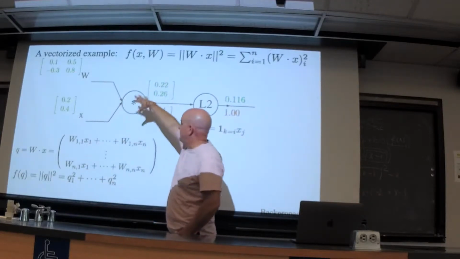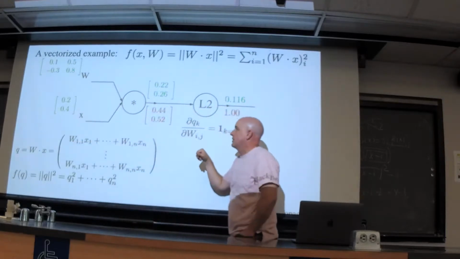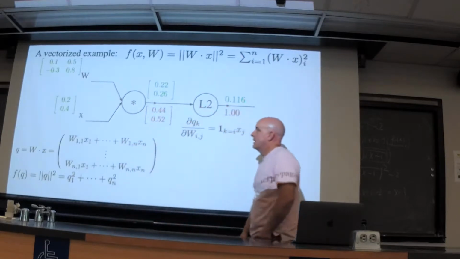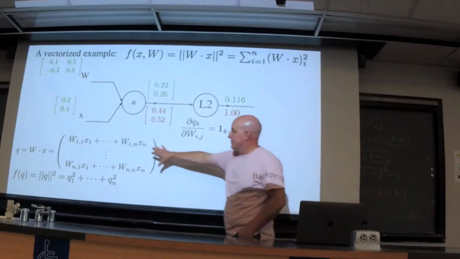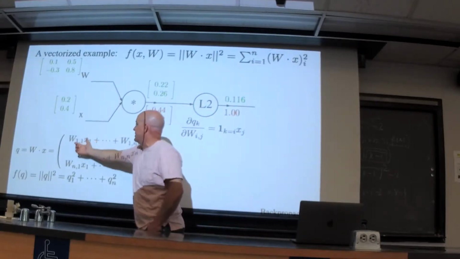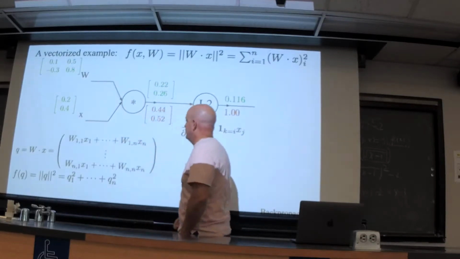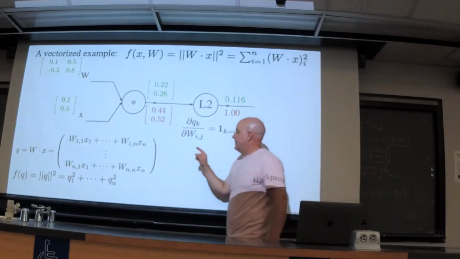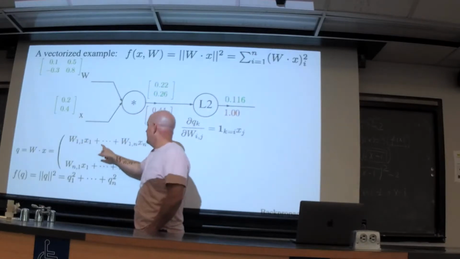In this simple example of just 2 by 2, let's think about Q1. How does Q1 change with respect to each of the entries of W? Well, remember that each one of these is just the dot product of the row with the vector x.